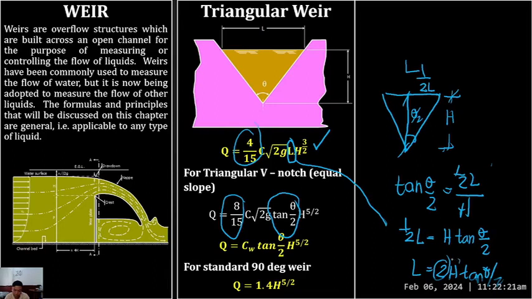And then yung H dito, minultiply natin sa H to the 3 halves. So, that is H to the 3 halves times H. Ipa-plus mo lang yung exponent, so that is going to become H to the 5 halves. So, dyan galing yung formula natin for triangular V-notch if the slope is equal.